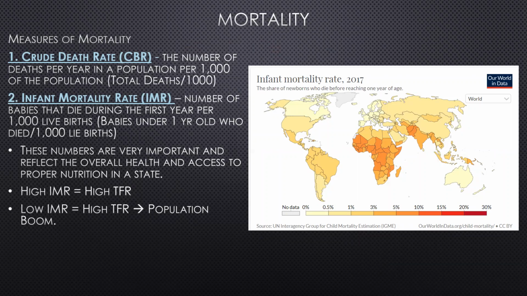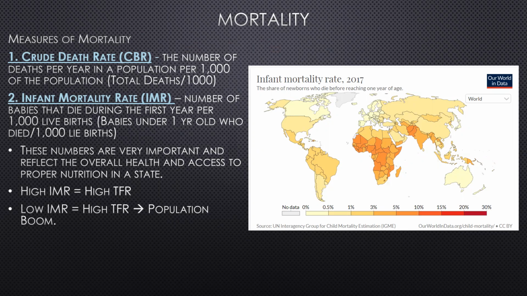So 10 or below in a country is generally considered low CDR, and 20 or higher is generally considered high. Interestingly enough, CDR is actually higher in developed countries than developing countries on average. There are many reasons for that, probably because of the aging population.